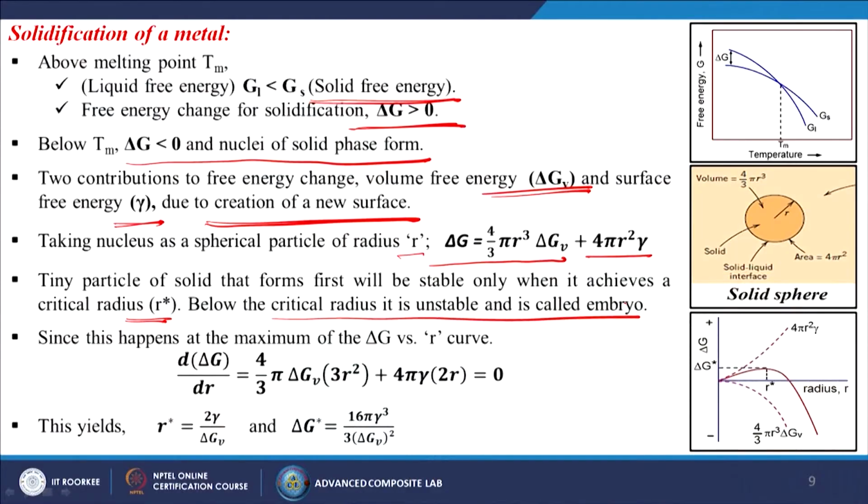Since this happens at the maximum of the del G versus r curve, d del G by dr is equal to 4 by 3 pi del GV into 3 r square plus 4 pi gamma into 2 r is equal to 0. This yields r prime is equal to minus 2 gamma by del GV, and del G prime is equal to 16 pi gamma cube by 3 del GV square.